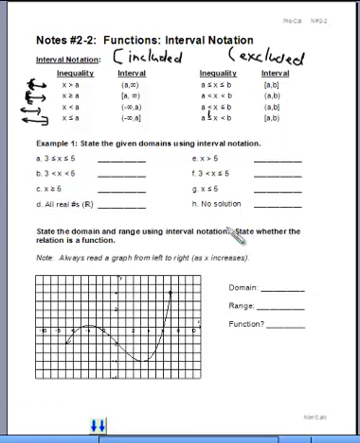So let's do a few examples with numbers, because it's always easier with numbers. So we have between 3 and 5. So we have 3, 5. And they're both less than or equal to, so we're going to have square brackets around each of those.